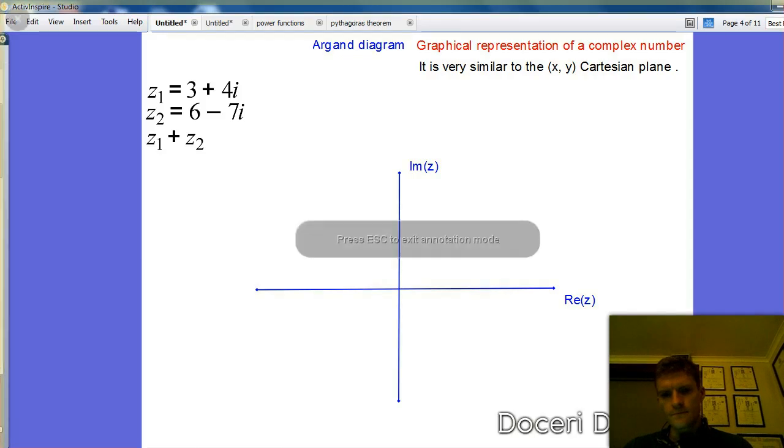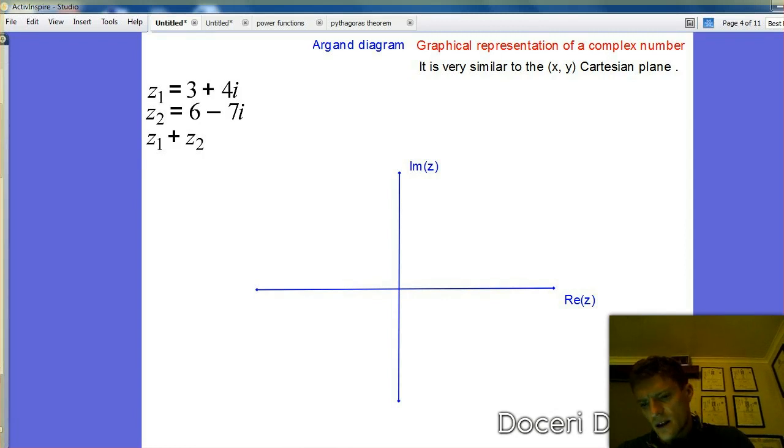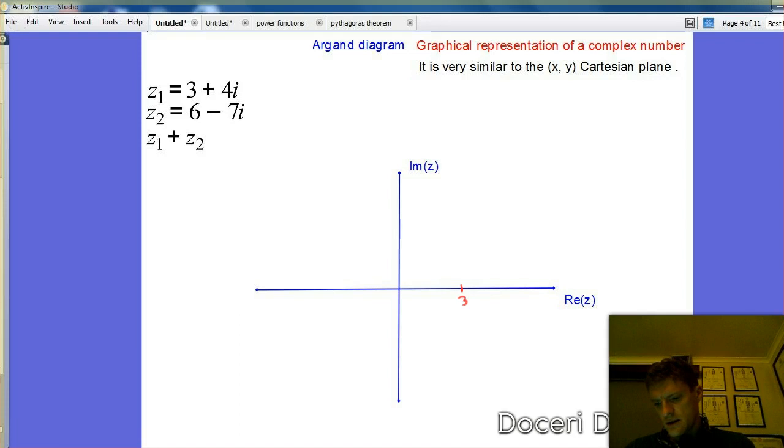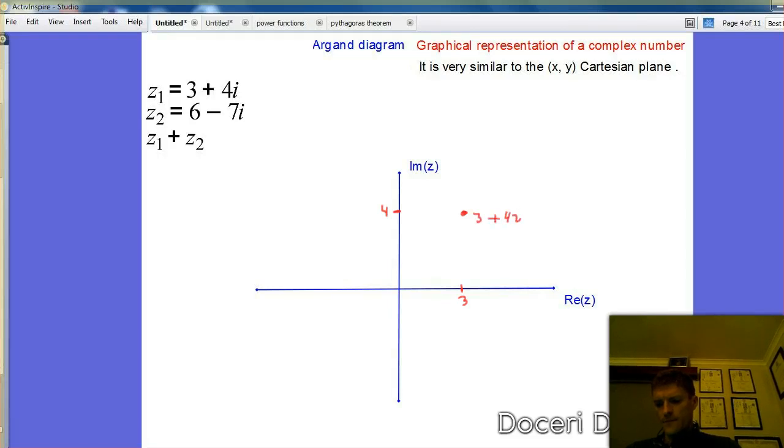Let's have a look. So let's plot z1. Let's say about there is a real number 3, and maybe up here to scale is about 4. So your z1 is a point here, 3 plus 4i.